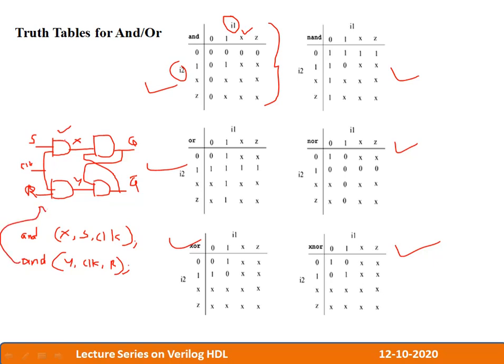But let's say this circuit goes to some other person who wants to rectify or verify its functionality. He looks into this program and tries to figure out where x is, where s is, where the clock is, and which gate each line refers to.